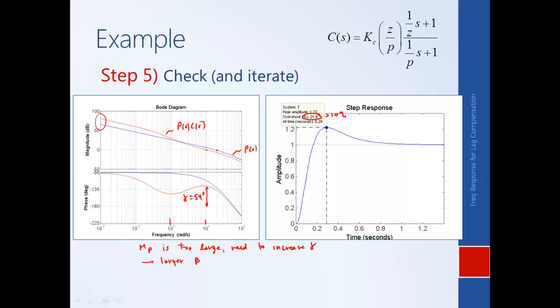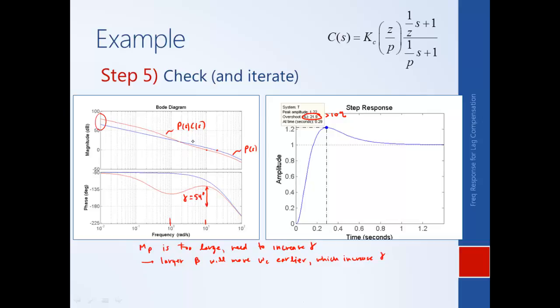And what that'll do is cause the crossover to go to a lower frequency. So a larger beta will move omega C earlier, which increases the phase margin.